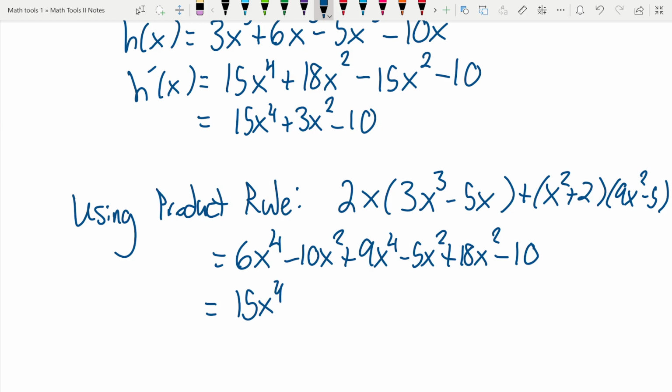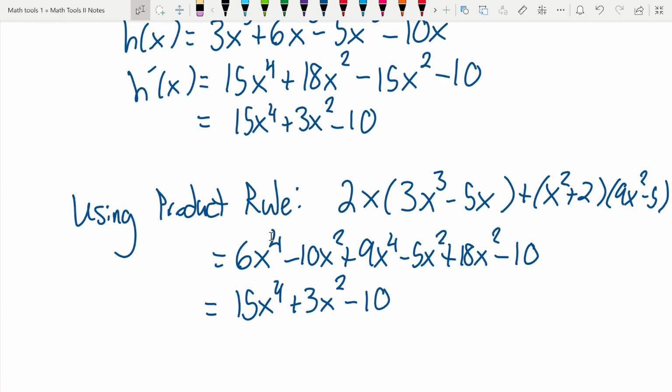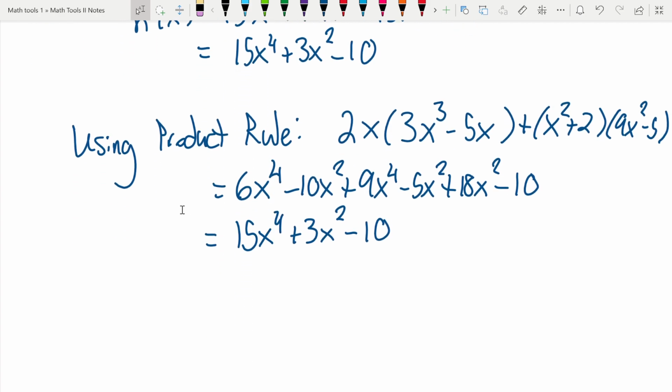So let's see if we get that. Minus 10x minus 5 is 15 plus 18 is 3x squared. Okay, and then we have minus 10. So we do get the same thing. Okay, so in this case, maybe the first way was actually a little bit easier, but there will be plenty of times where the product rule is indeed necessary.